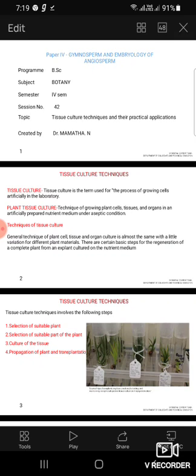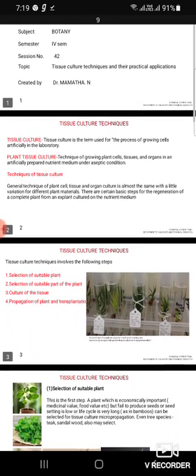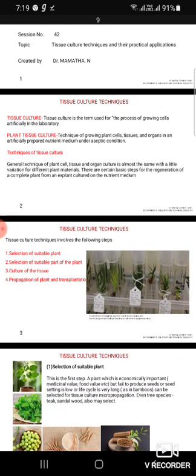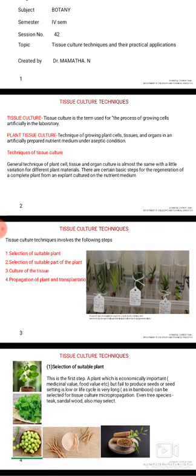Generally, the technique of plant tissue culture or the tissue and organ culture is almost the same with a little variation for different plant materials. There are certain basic steps for regeneration of a complete plant from an explant cultured on nutrient medium.